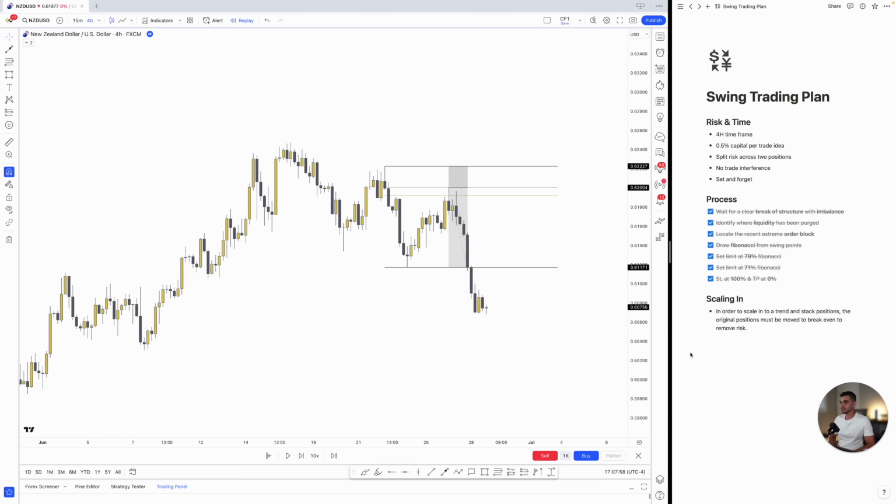I mean 7-figure personal account traders, 8-figure personal account traders. They trade the most simple, stupid strategies you can think of. Literally Fibonacci or support and resistance, or break and retest, which is a form of support and resistance, just silly, stupid things. And they're wildly profitable because they have simplified their trading.